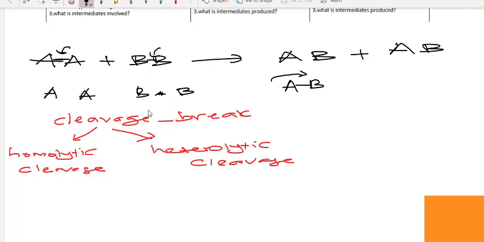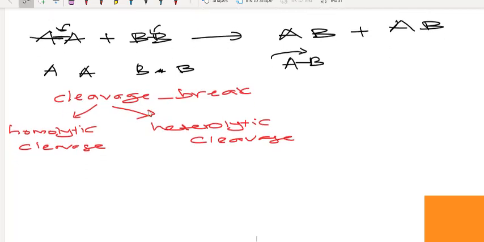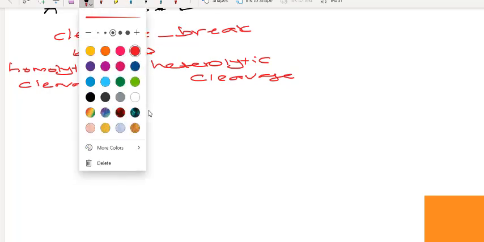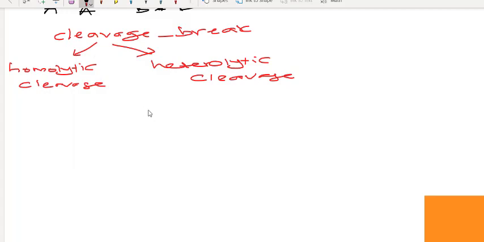So how do homolytic and heterolytic cleavage occur in a reaction? Now we are going to figure it out. For example one, let's say we got Cl2 exposed to UV. So we are going to produce Cl dot plus Cl dot.